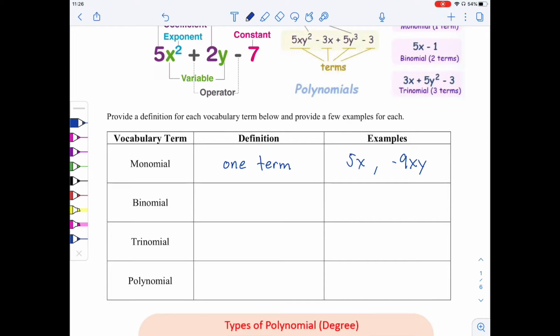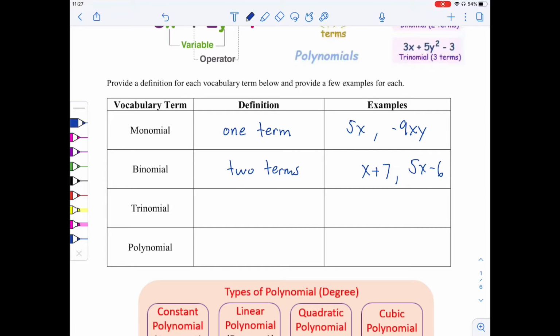Binomial, bi is 2. So this is 2 terms, right? So a binomial has 2 different terms and they're always separated by addition or subtraction, like x plus 7. We have 2 terms separated by addition. Or 5x minus 6 is another example.